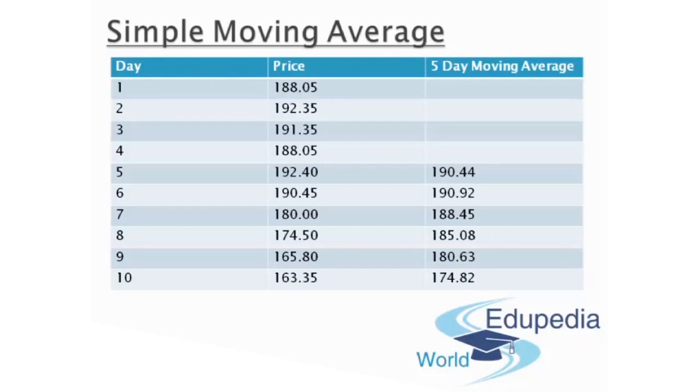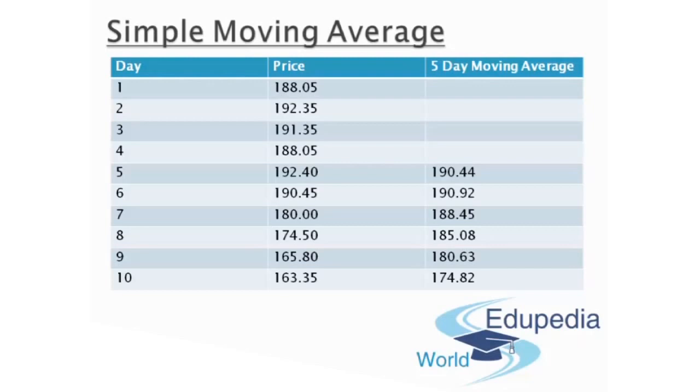If I have to sum it up in one simple manner as the 5-day moving average, I'll do one thing. I'll multiply the first day's closing price, 188.05, by 1, the next day's closing price, 192.35, by 1, again the next day's, 191.35, into 1. So thereby I'll get one figure.